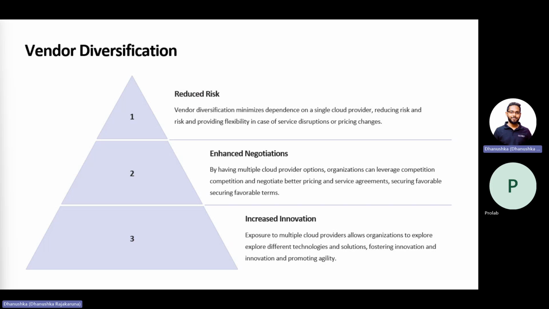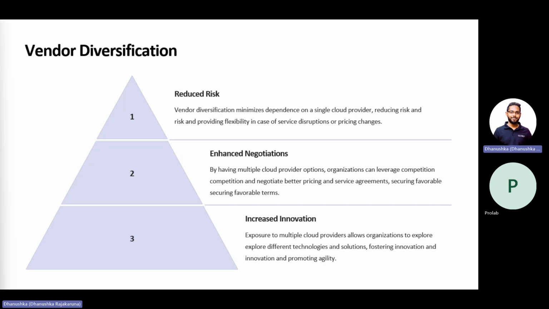The strategic approach where organizations leverage multiple vendors for products or services rather than relying on a single provider. This ensures flexibility, reduces risk, and fosters innovation by exposing the business to diverse technologies and solutions.